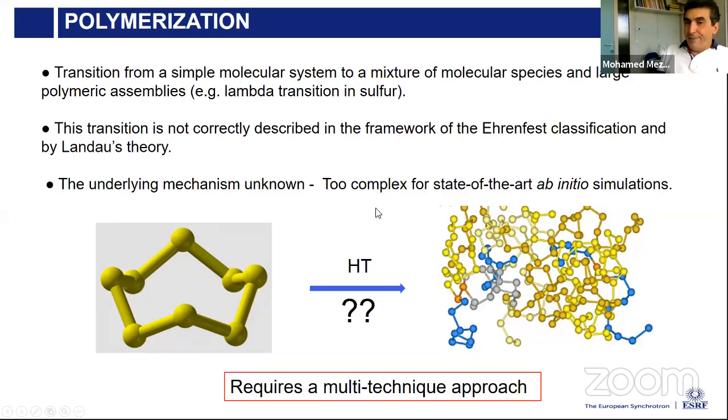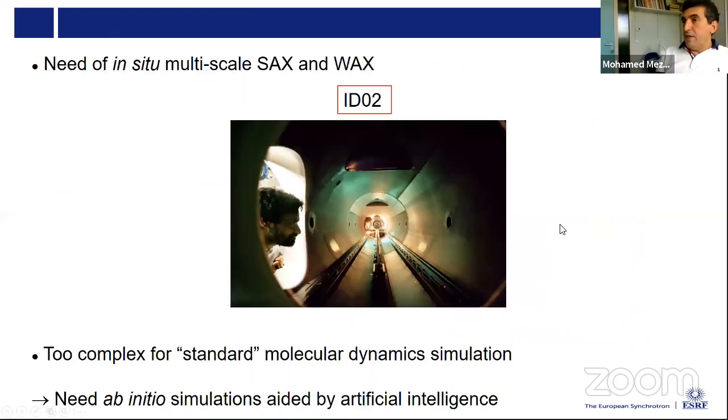So again here, looking at this kind of object, at what I call the emergence of complexity, when you go from a simple system to a more complex system, will certainly require a multi-technique approach. This could be done, for instance, at the beamline ID2, where you can perform in situ multi-scale SAXS, small angle scattering and wide angle scattering.